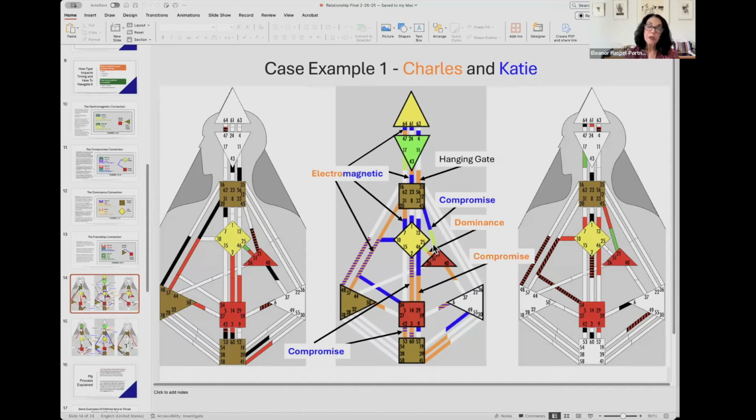So knowing that, I would say to the two of them, when you want to take action, make sure that you both agree that the action you want to take aligns with both of you.